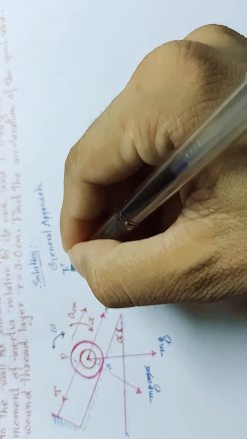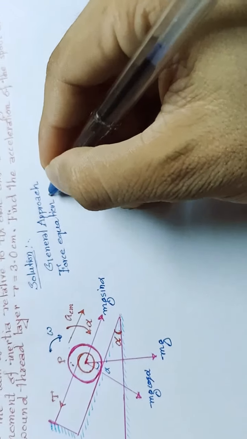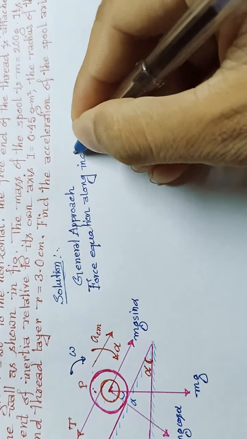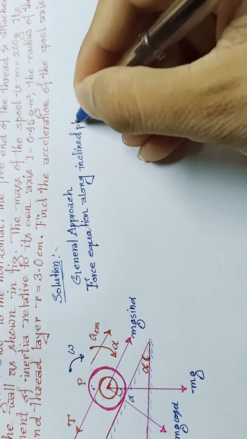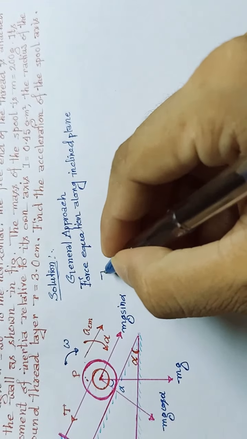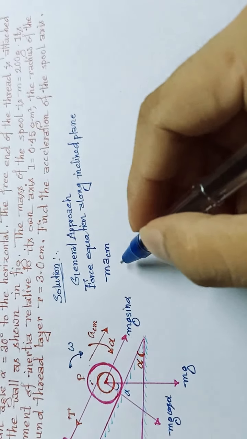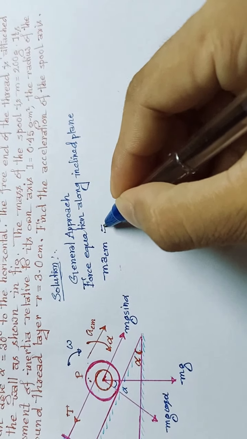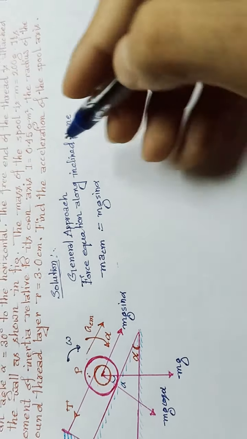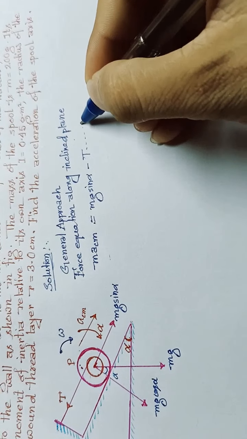The force equation along the inclined plane will be: mass into acceleration of center of mass, m a_cm, equal to mg sin alpha, because mg sin alpha is directed in the direction of acceleration, minus the opposite force. The opposite force is the tension T. Let this be equation number 1.